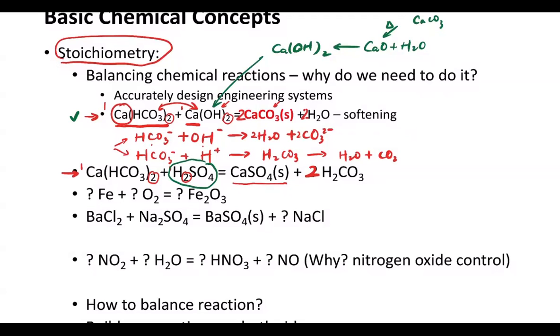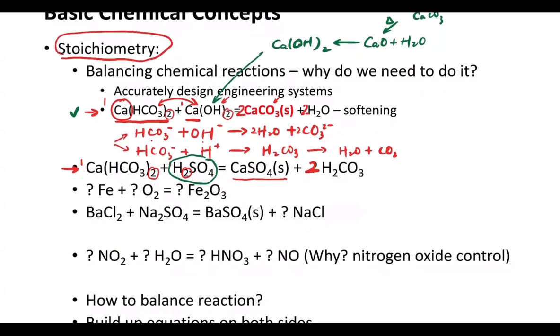So we also showed how to balance these equations. For these two equations, we need to look at the ionic reactions. So the stoichiometry is determined by the stoichiometry of these ionic reactions. So here comes a simple one. What about iron getting oxidized into iron oxide, right? We know that there are three oxygen atoms on the right-hand side, right?